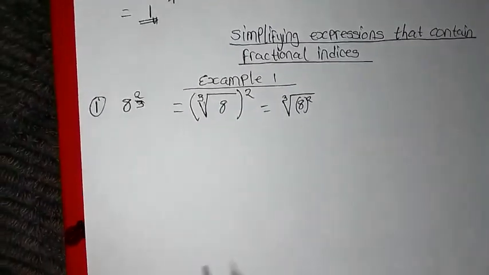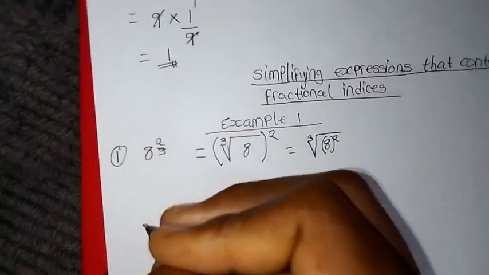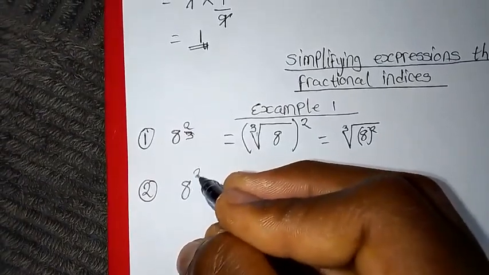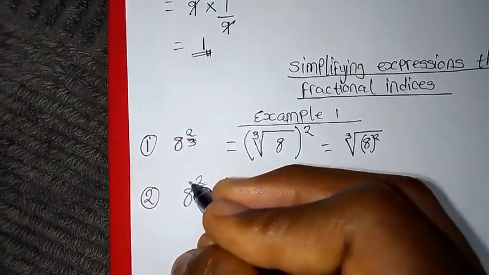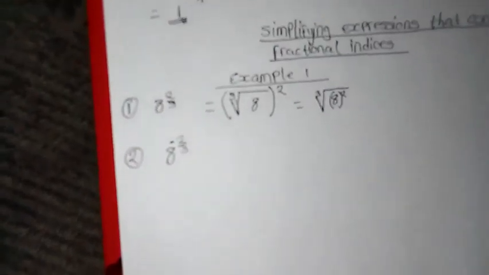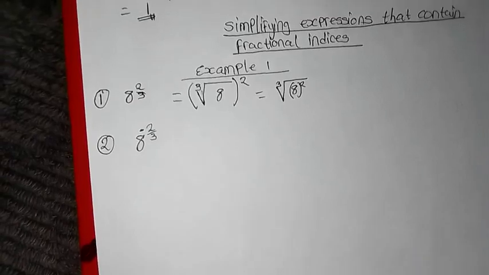The next example is 8 to the power negative 2 over 3. It's the same question, but now the power is negative.